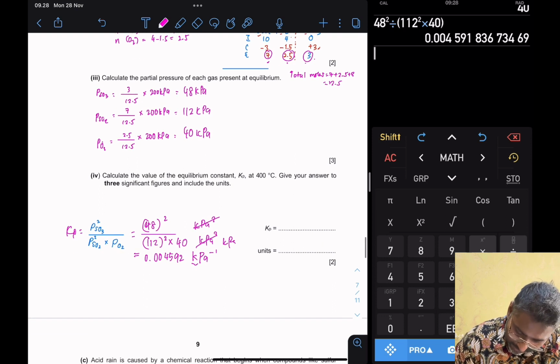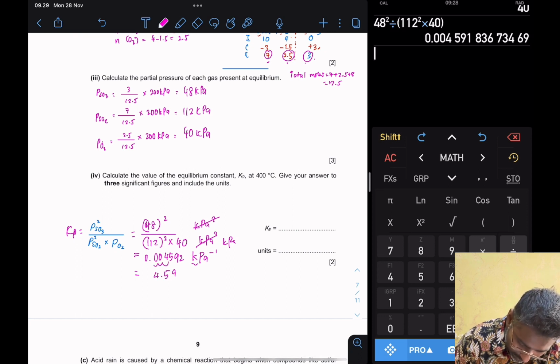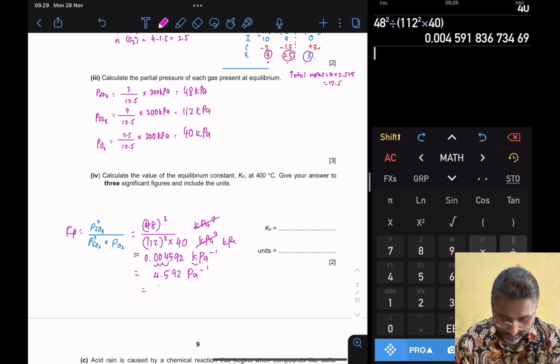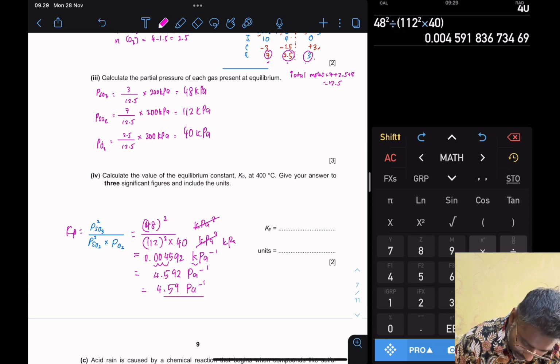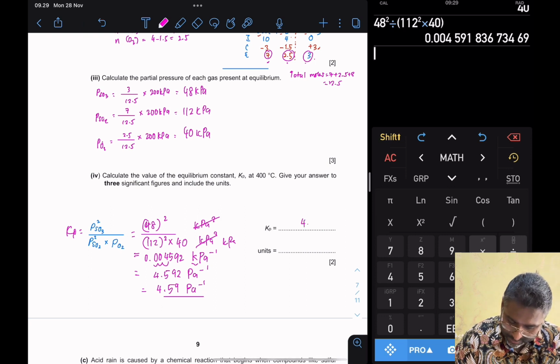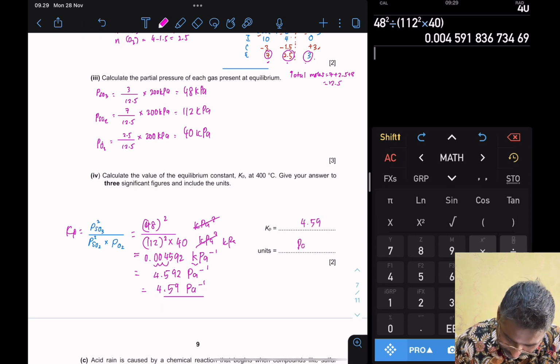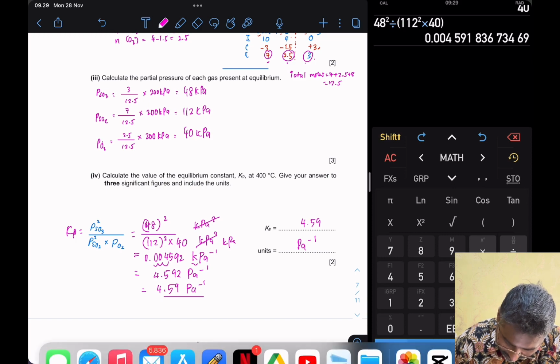So let's actually change it into pascal only, so 4.592 Pa -1. If you change it to 3 significant figures, that's going to be 4.59 Pa -1. That's going to be the answer. So Kp is 4.59, the unit Pa -1.